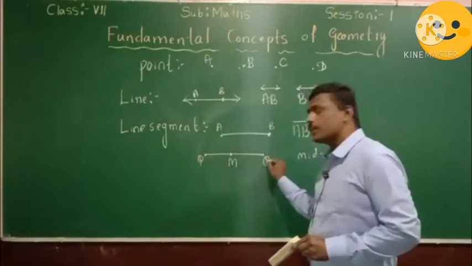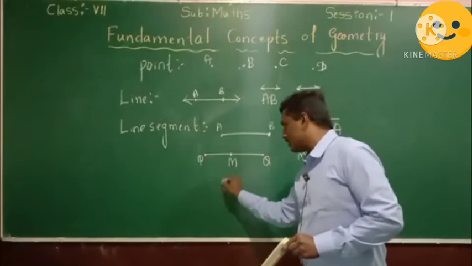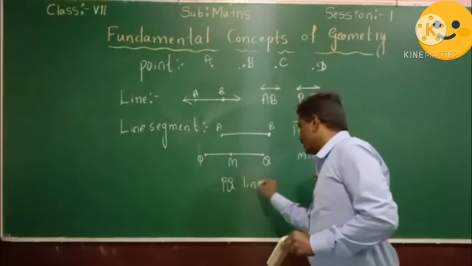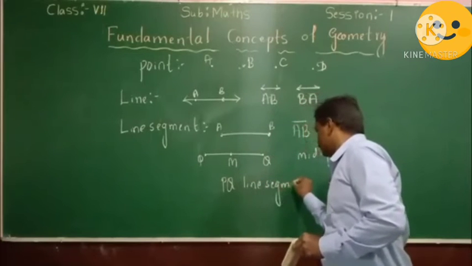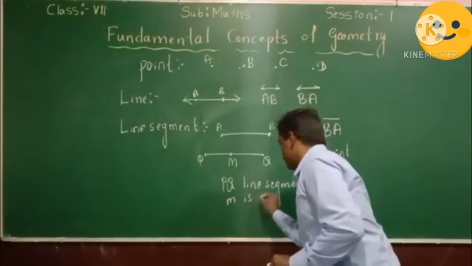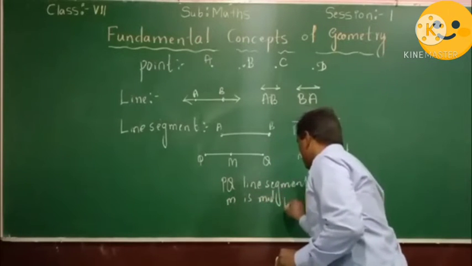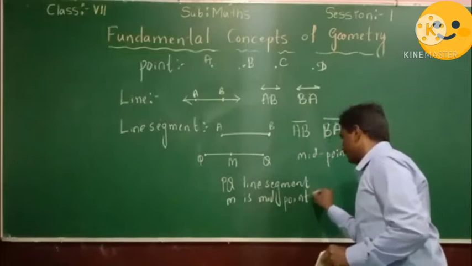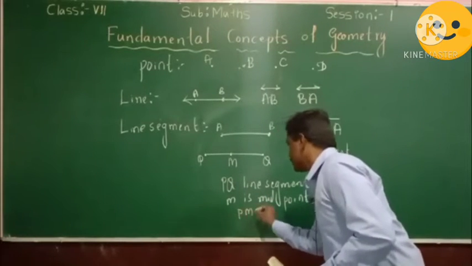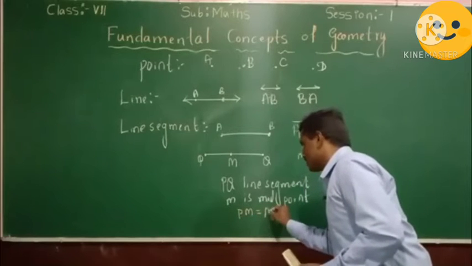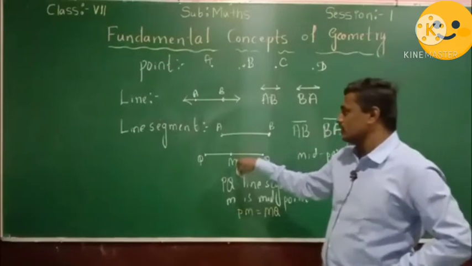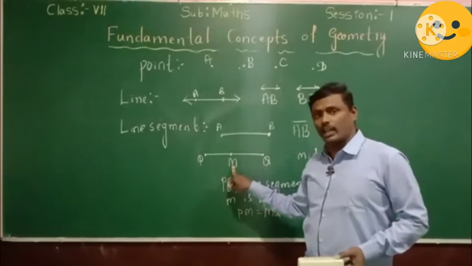If PQ is a line segment and M is a midpoint, then PM is equal to MQ, or QM, because M is the midpoint of the line segment.